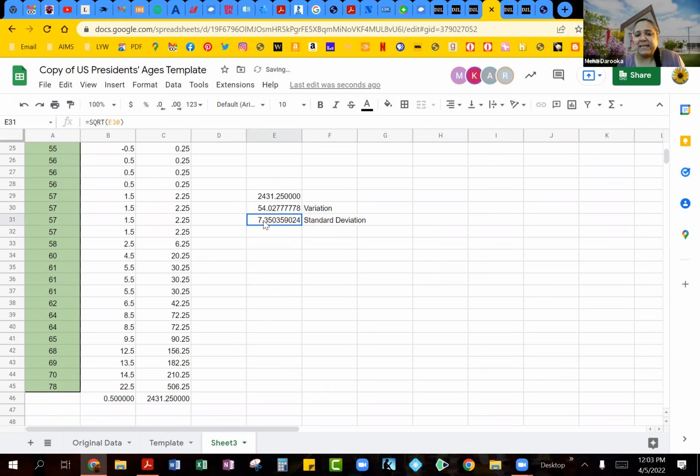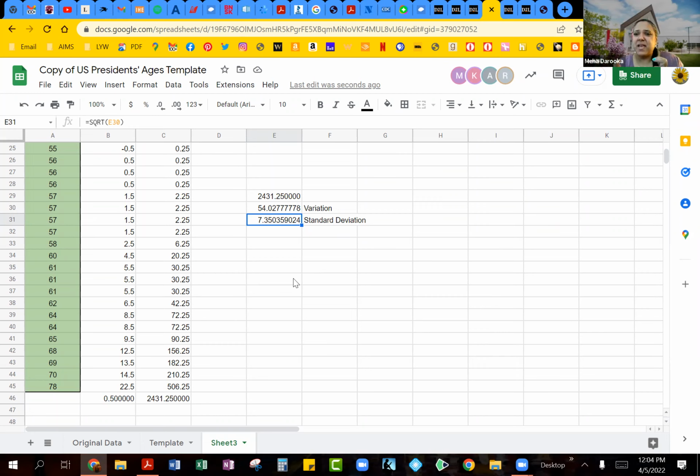This number, 7.350, is telling us that on average, each of our data values, so each of these ages, is approximately 7.35 units below or above the mean. Below if the number is smaller than the mean, and above if the number is larger than the mean.